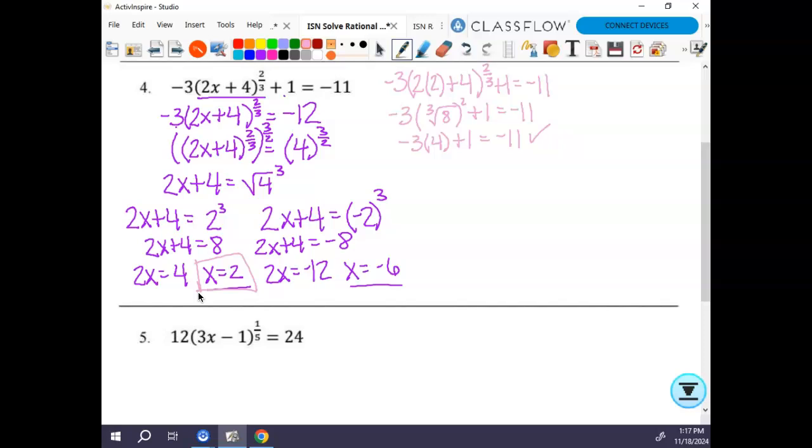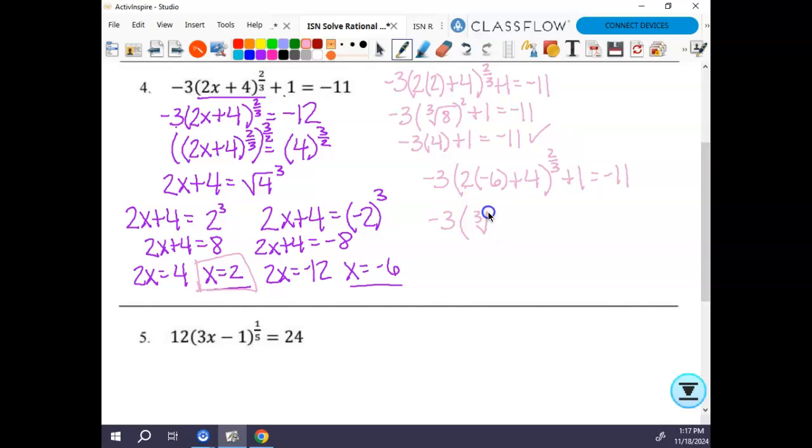And then let's do the negative 6. Negative 3 times 2 times negative 6 is negative 12 plus 4 is negative 8.